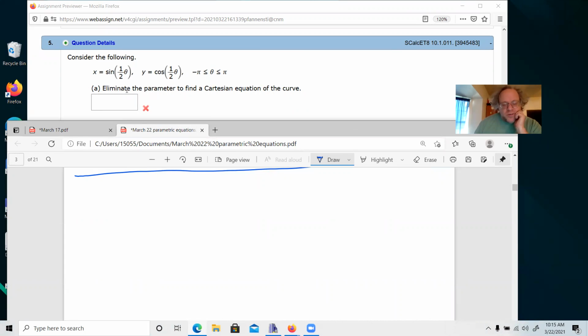If x is equal to sine of theta over 2. Remember, theta is a very common parameter. Y is equal to cosine of theta over 2. We go from negative. Okay, you have to be a little bit careful with this.